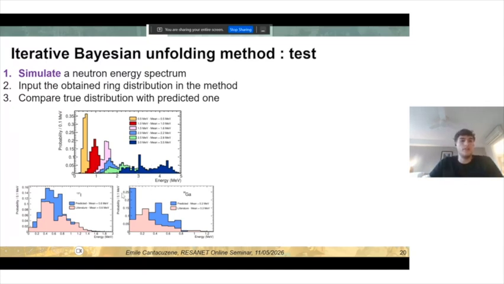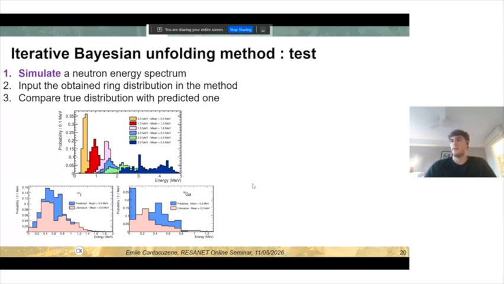And then we used real neutron energy spectra that were taken from previous data in the literature. I digitized this data and used it as input in my simulation, and I compared the input and the output. You can see that the spectral shape is not very well reproduced, but at least the mean energy is accurate each time, and this is very promising.